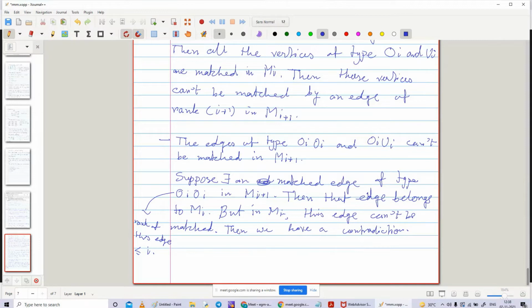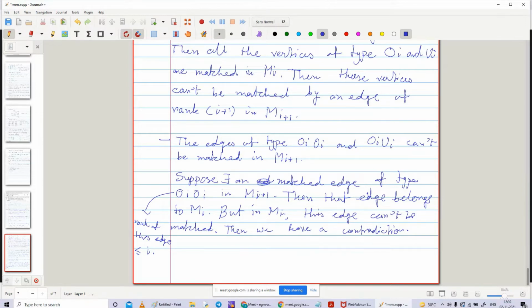And if it happens, then in M_i that edge will also be matched. And we know that in a maximum matching, an edge of type O_i cannot be matched. That is a contradiction with M_i being a maximum matching. So this basically completes the proof.